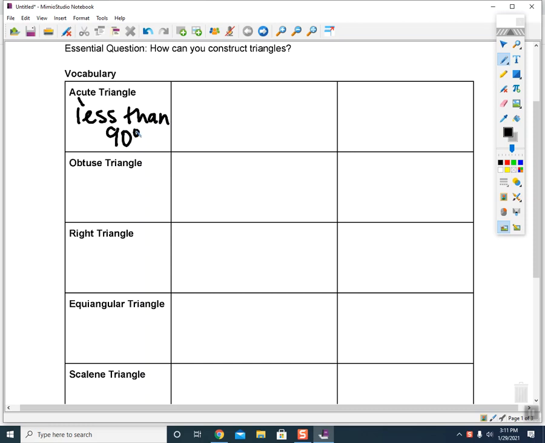So an acute triangle is going to be a triangle with all acute angles.